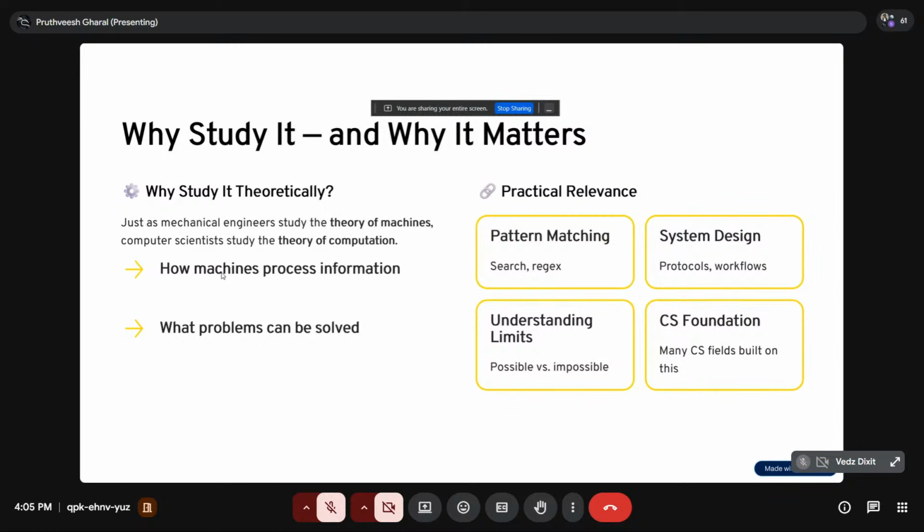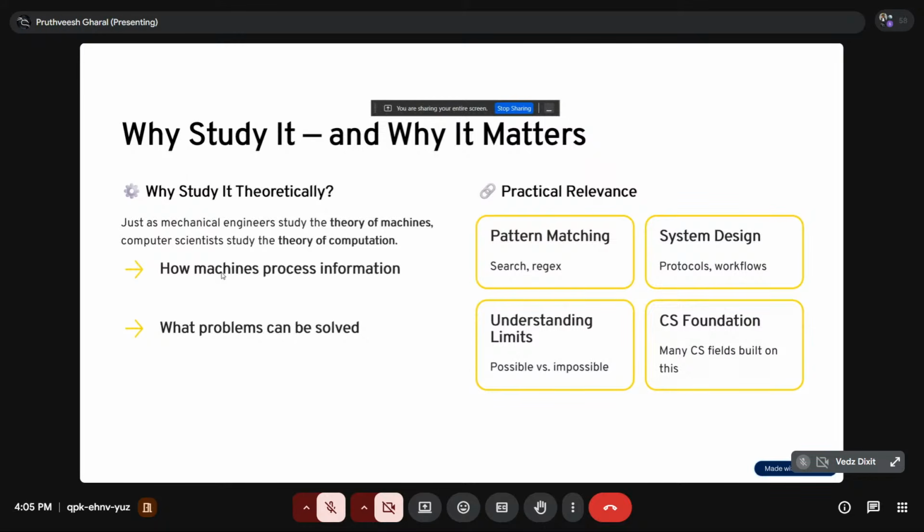Mechanical engineers study a subject called TOM. In TOM, they study how physics works on basic mechanical parts like gears, linkages, and crankshafts. We don't directly jump onto an engine. Similarly, we are studying theory of computation to build that sort of intuition.